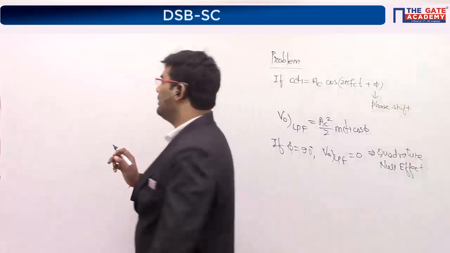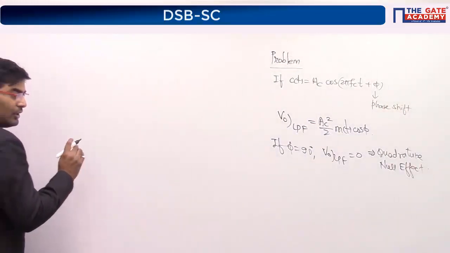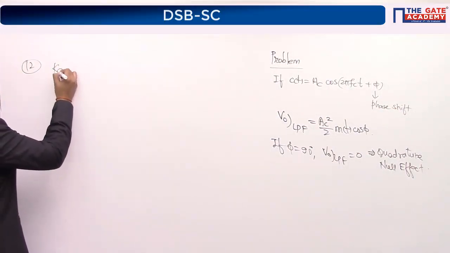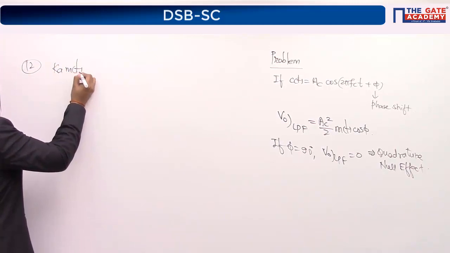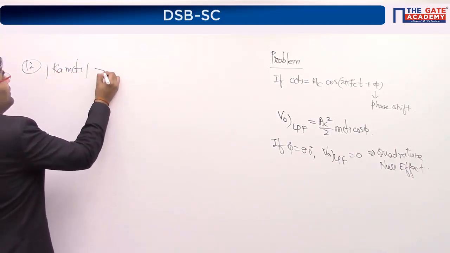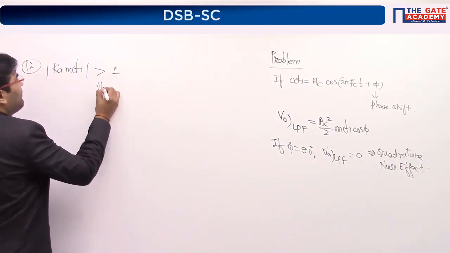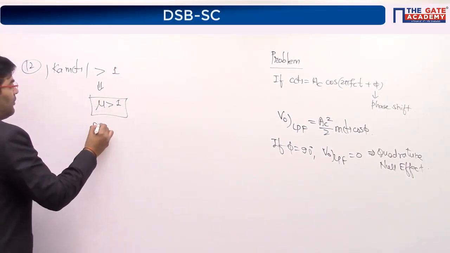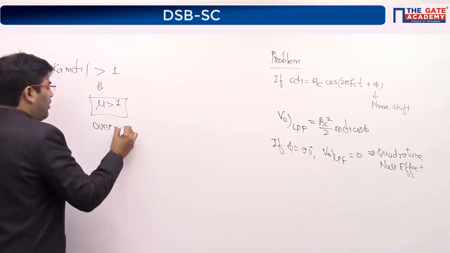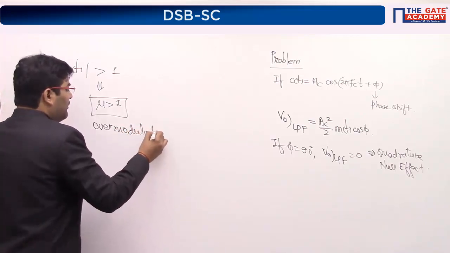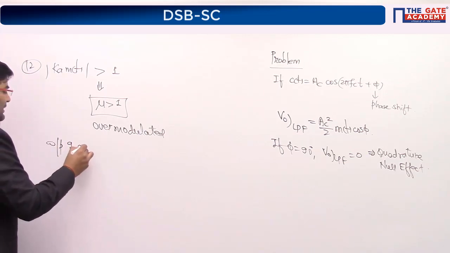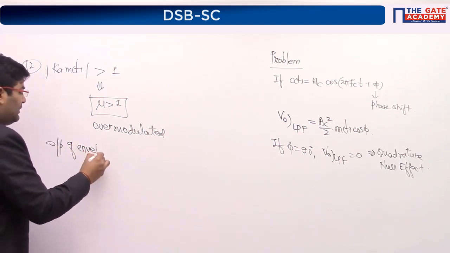If you recall, for question number 12, I said that the k m(t) magnitude should not be more than 1. If it is more than 1, it implies that it is over modulated, because mu is also greater than 1. And if it is over modulated, the output of the envelope detector will not be just Ac(1 plus k m(t)).